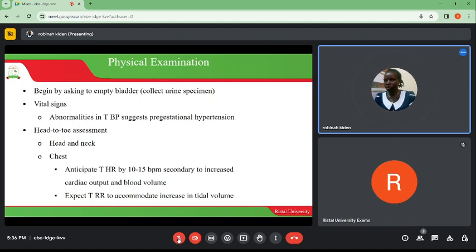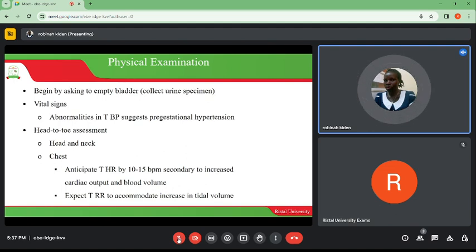So now, just to explain this in detail, when we are looking at the chest, there are these two things that we are going to look at. First, we are going to look at the respiratory rate. We are counting to see how the mother is breathing, and we take the breaths per minute.